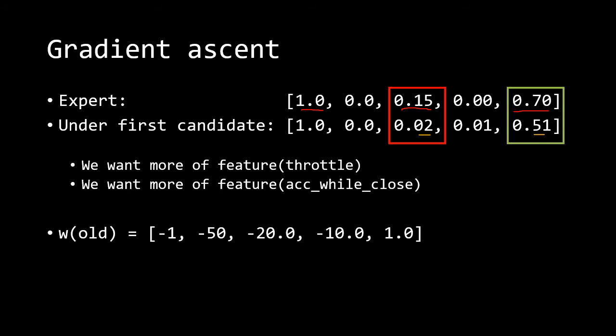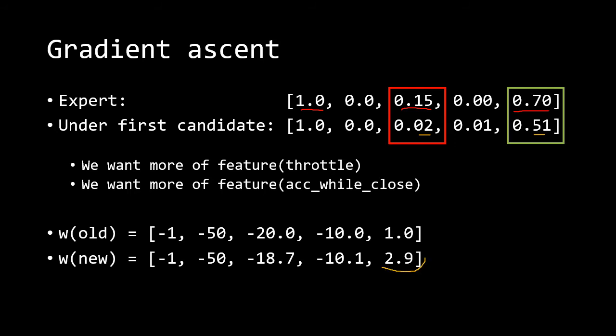And when you apply this step, you go from W old to W new, where it's actually updated. It's not a new one from nowhere. So updated, so you want more acceleration to make the expert more likely, and you want a little bit less penalty on the third term.